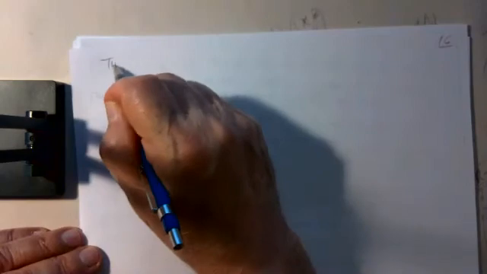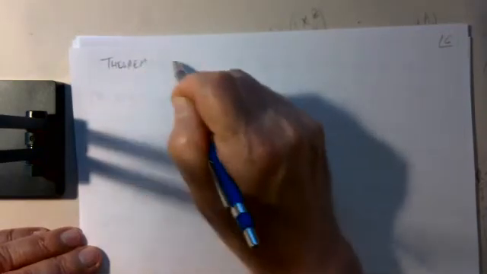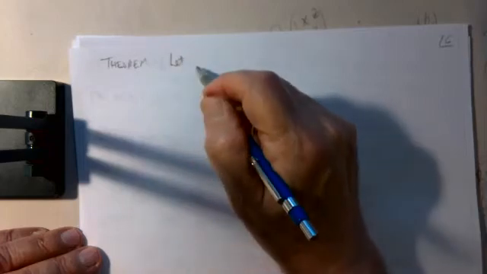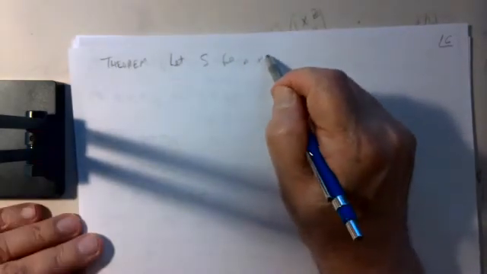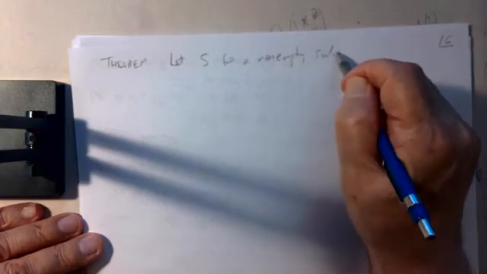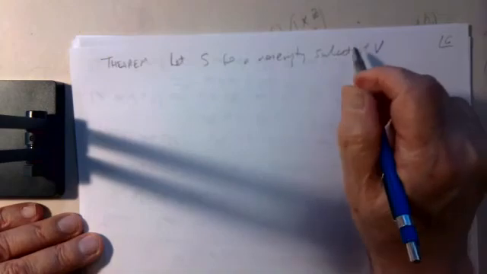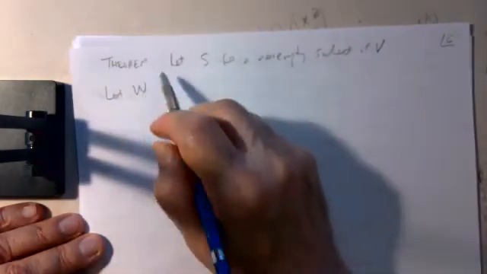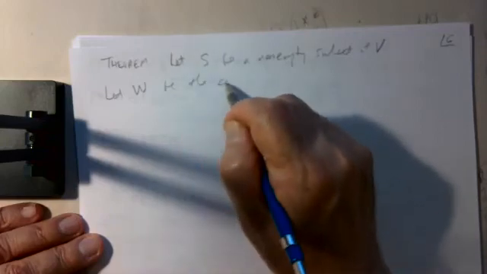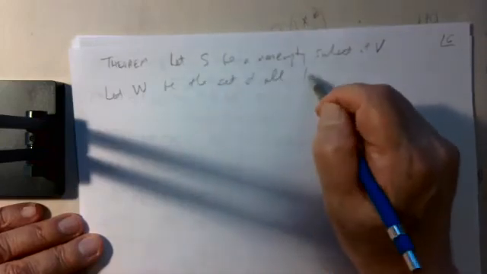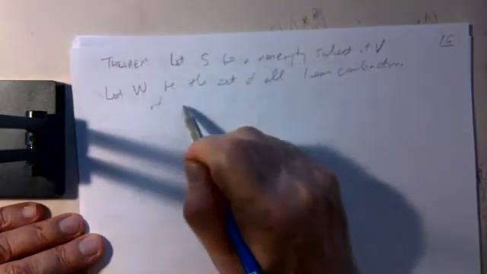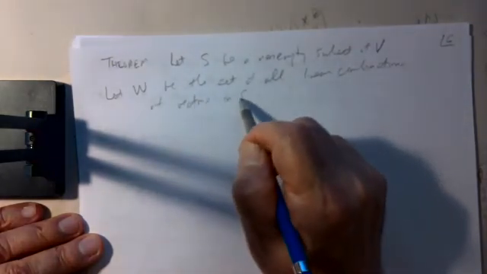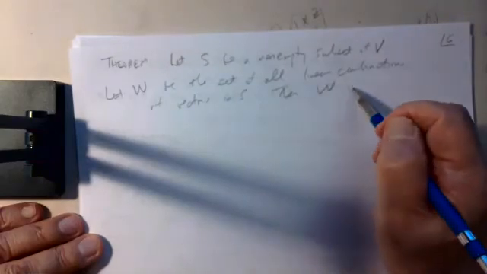So there's a simple result that says the following. We have V as a vector space, and let S be a non-empty subset of V. Let W be the set of all linear combinations of vectors in S, then W is a subspace.